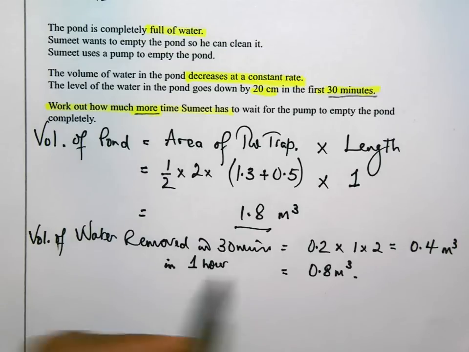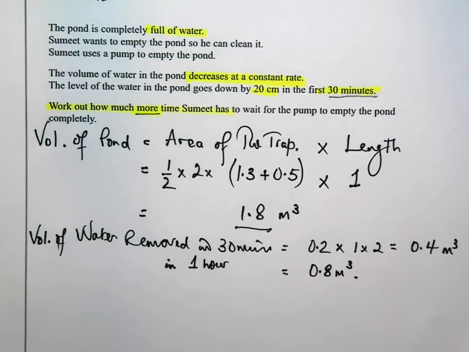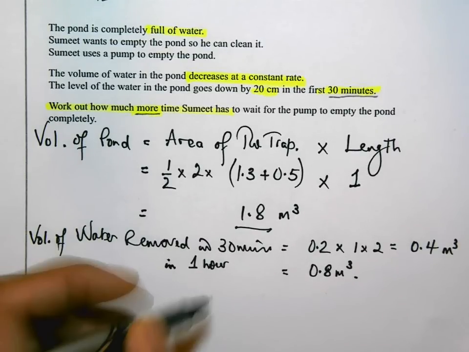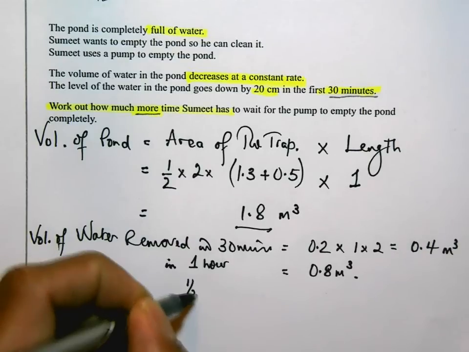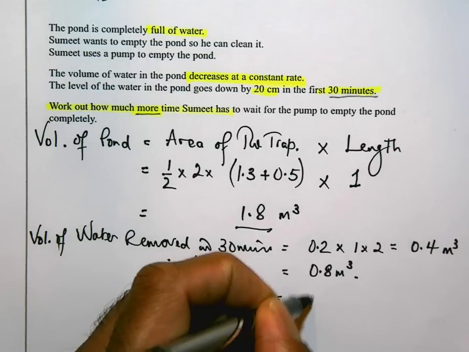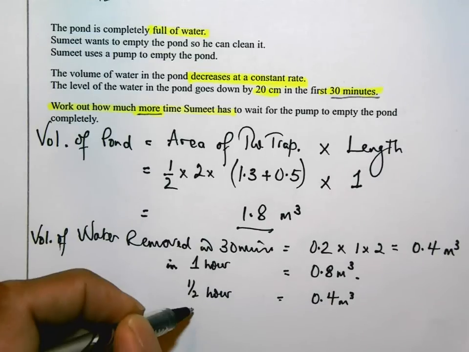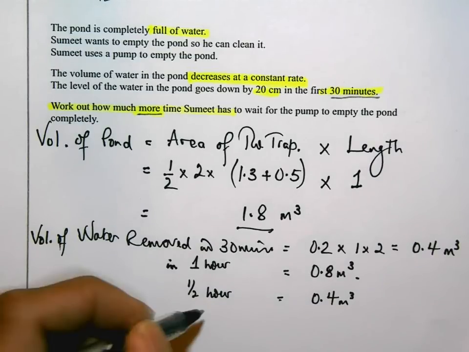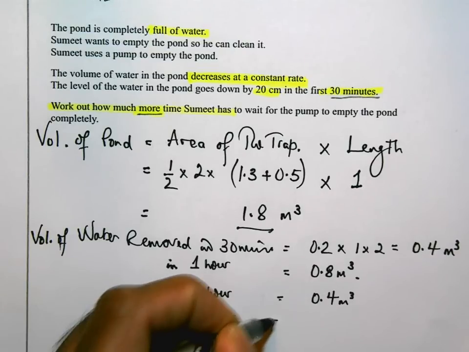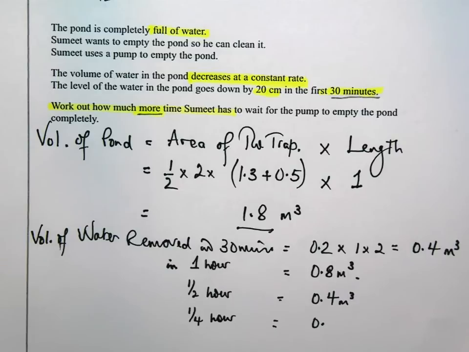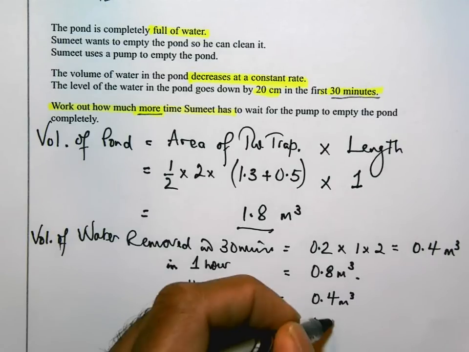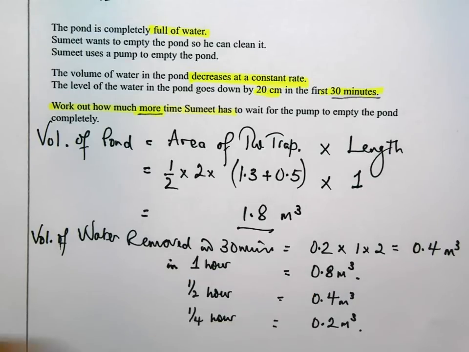We know that in half an hour it removed 0.4 meters cubed, and if I do it again, a quarter of an hour, it's going to remove 0.2 meters cubed. So, thinking about this now, the question says, work out how much more time Samit has to wait for the pump to empty the pond.